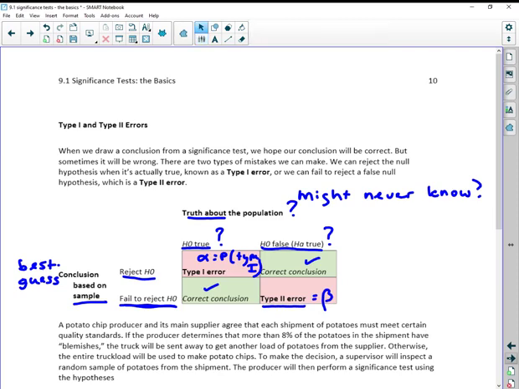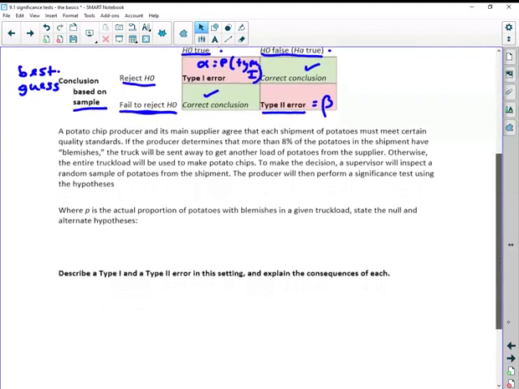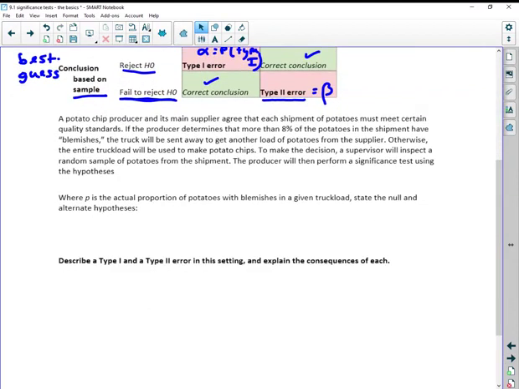So let's think about the context of what that would mean if you are making mistakes. Here we have a shipment of potatoes, a potato chip producer and its main supplier, and they agree that we want certain quality standards of these potatoes before we make them into chips.